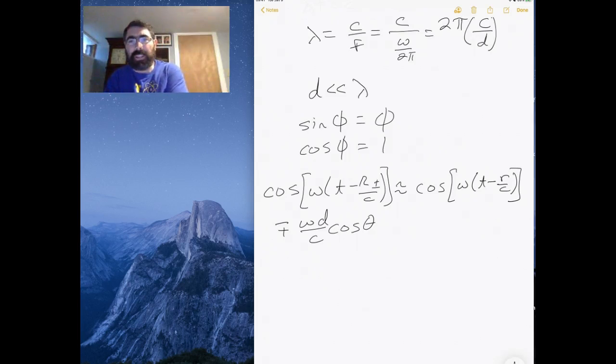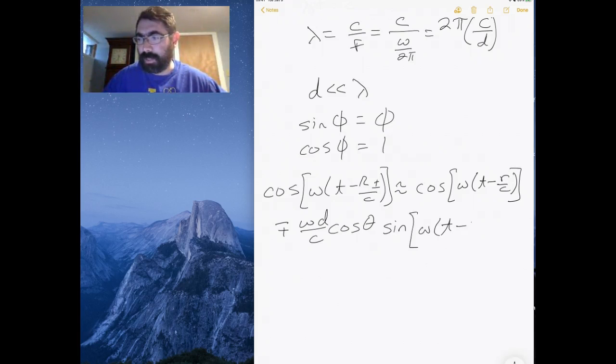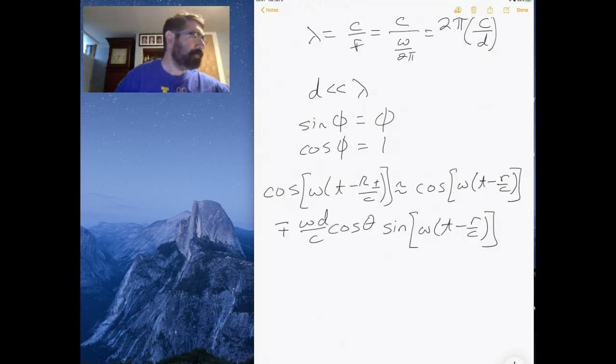The sine is approximately equal to the angle itself, times the sine of omega t minus r over c. Good. Now we don't have to worry about any sines of cosines or cosines of cosines. We can write it out in this way.